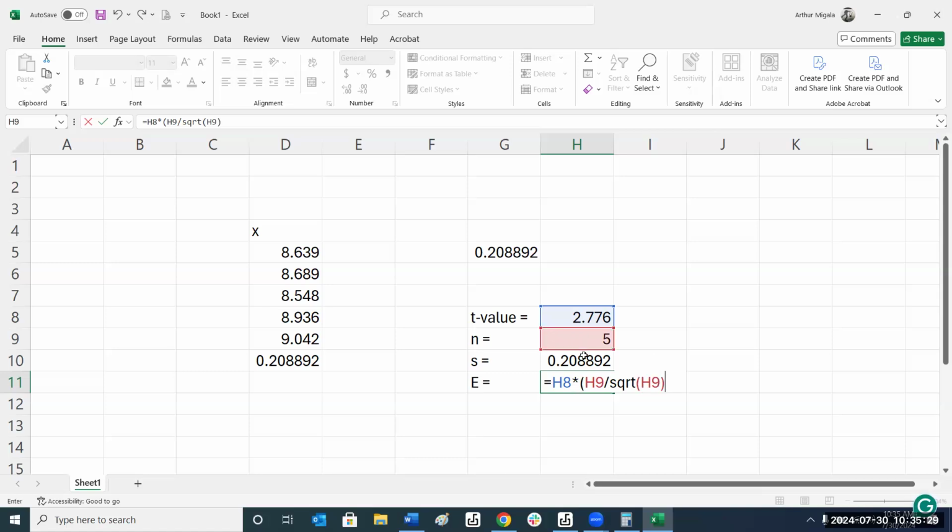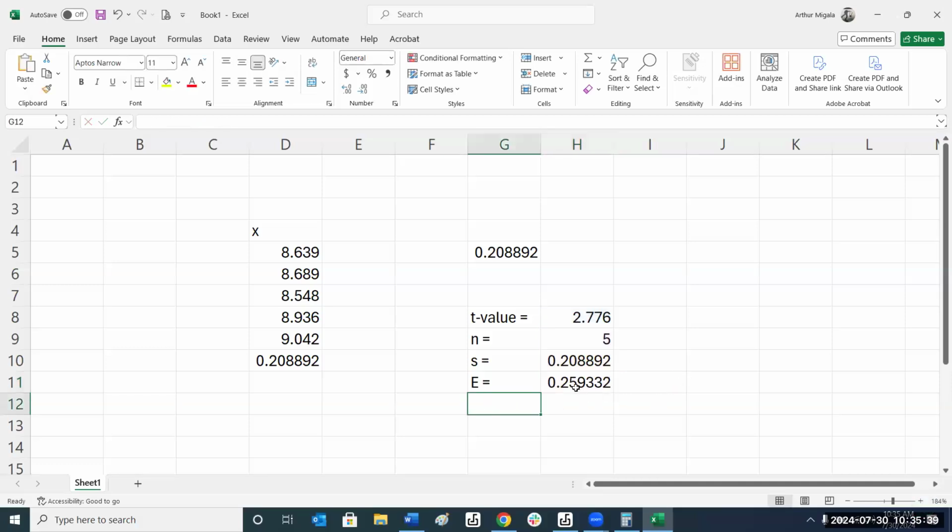Oop, I missed that one. That one should be 10. So that's my error value, 0.259332.